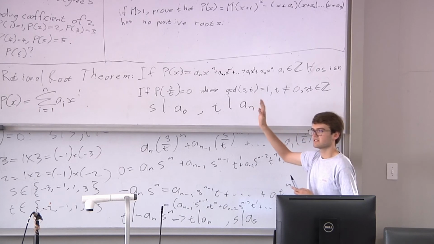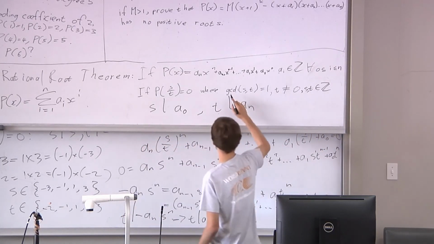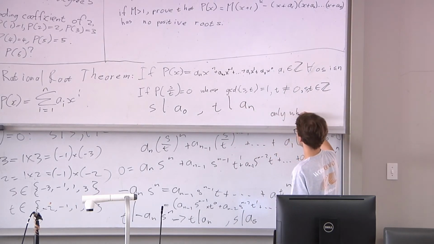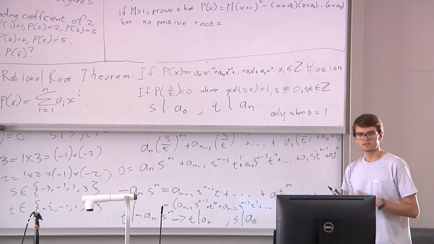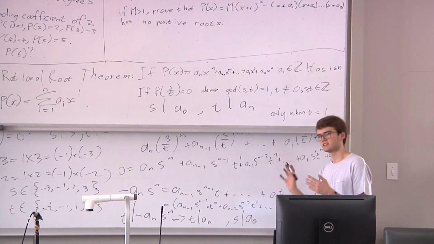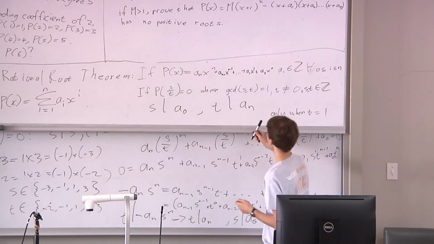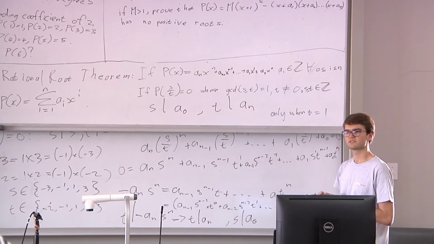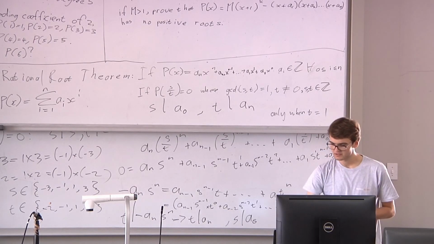So you can extend the rational root theorem to be specifically for integers just by checking only when t is equal to 1. So any integer divided by 1 gives you an integer. So if you're only looking for integer roots, just check for factors of a_0 and check if they're roots. Yep, so I think that's all for today.